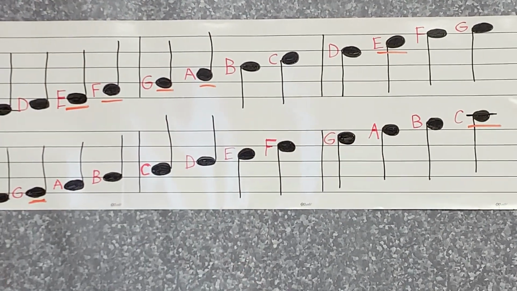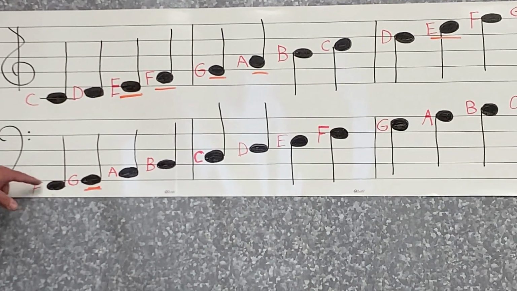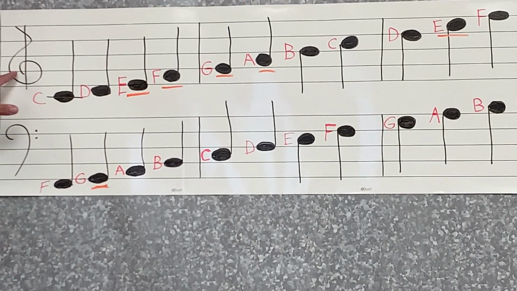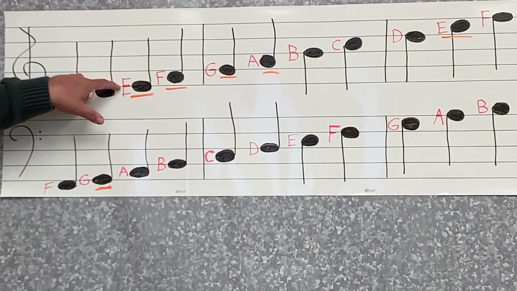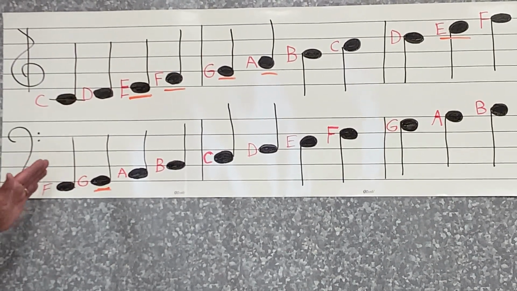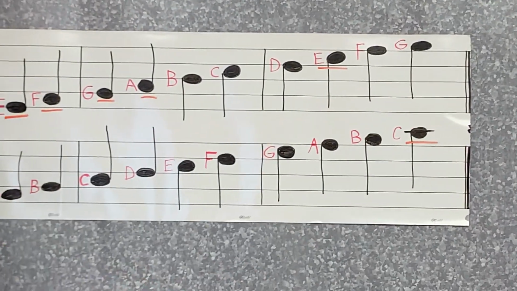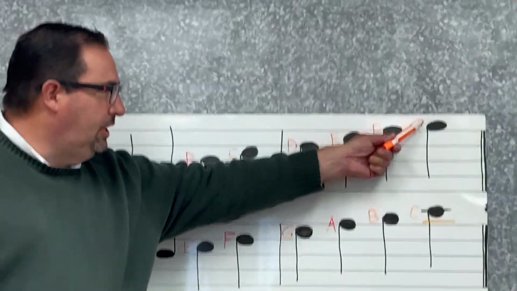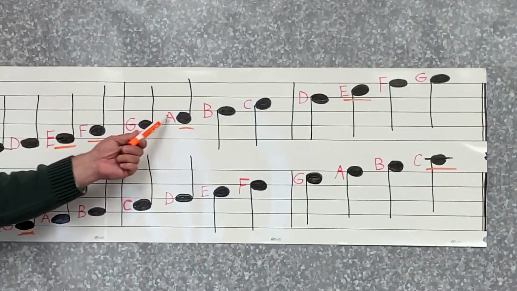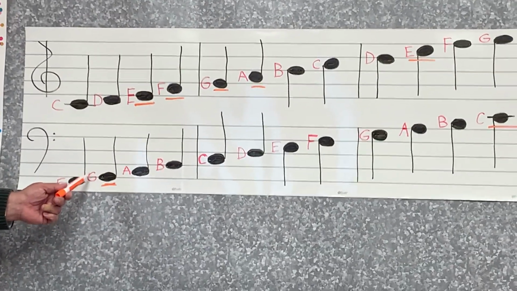Okay? And once again, in the bass clef, the first line, the bottom line is a G. In the treble clef, the bottom line is an E. So these are all of the names that go with the notes. And we know that the musical alphabet goes from A to G and then back to A. It does the same thing in the bass clef as well.